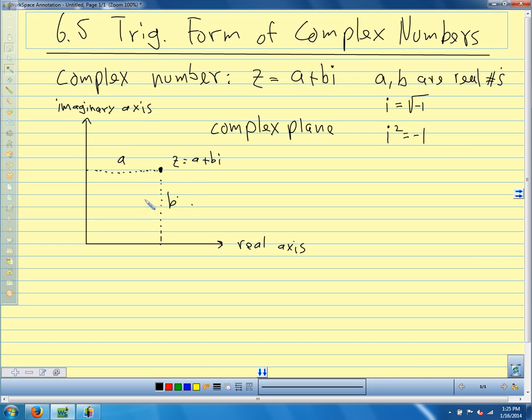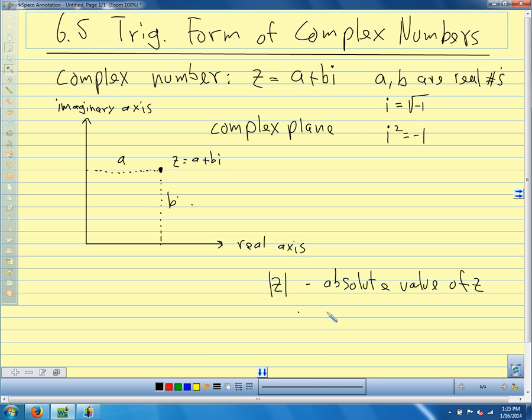We call the absolute value of z, and let me say one other thing before we write our equation.